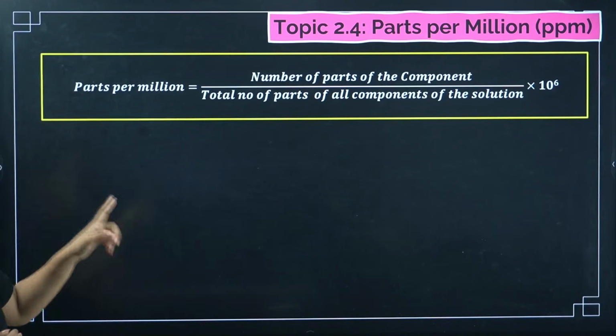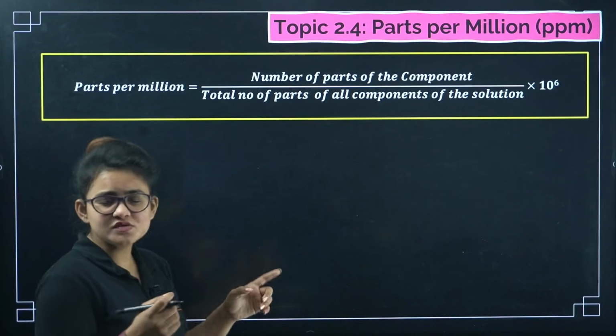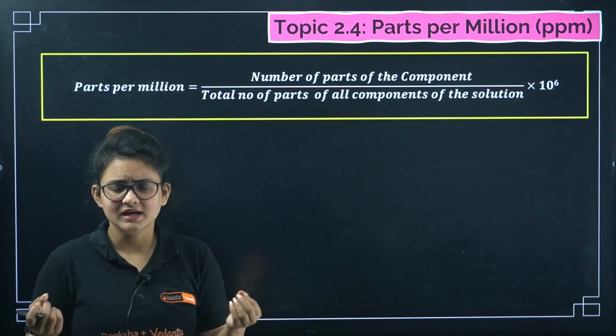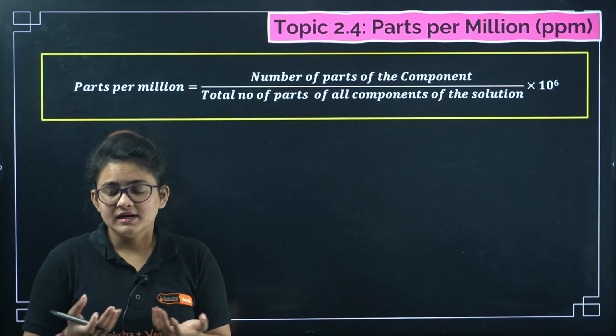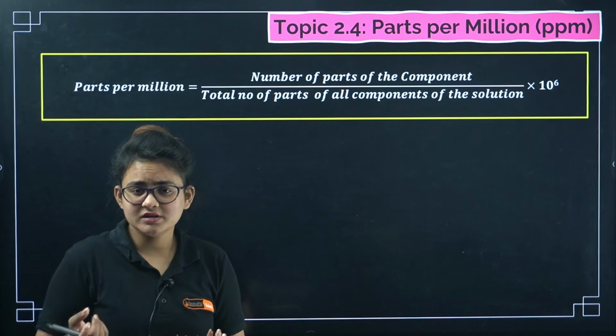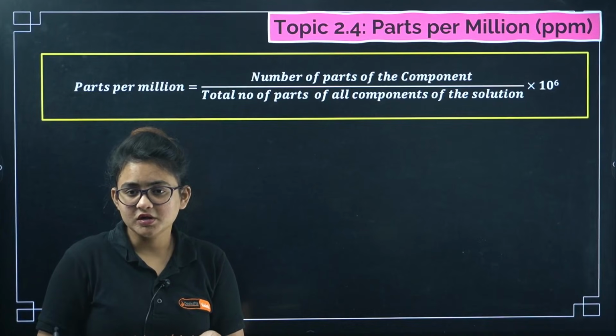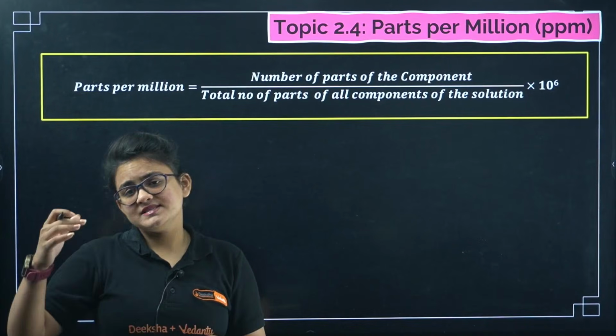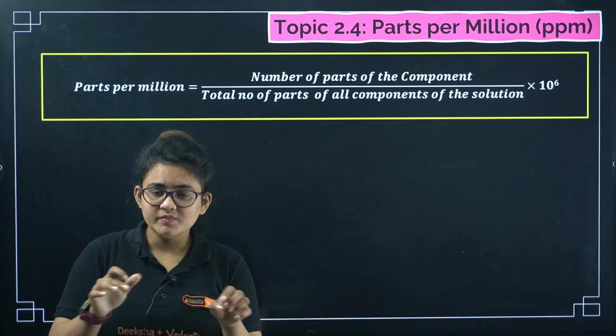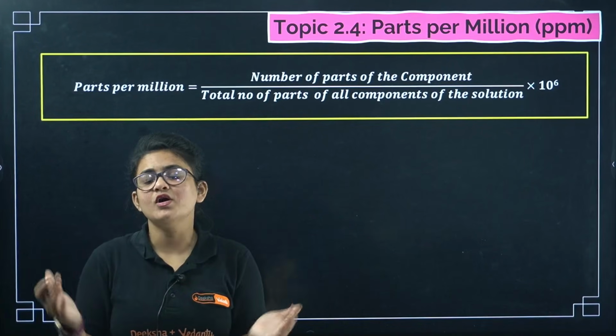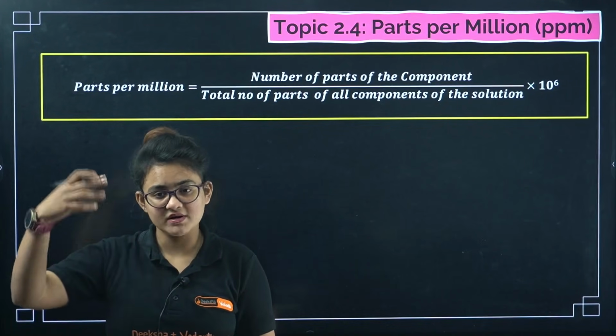So here you can see parts per million. That is basically used for very dilute solutions, like let's say I am measuring air pollution, the dust particles present in the air, or the dissolved oxygen present in water. That is basically number of parts of the component divided by total parts of all components in the solution into 10 power 6.